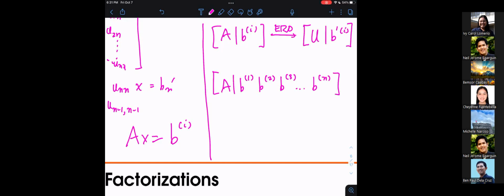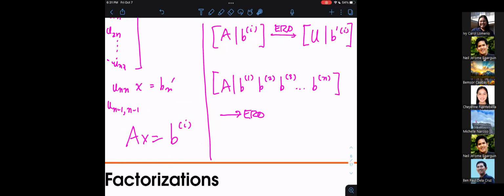Mas malaki na yung matrix na gagamitan ko ng ERO, pero in this particular case, kasi yung elementary row operations naman, lagi lang nakadepende dun sa entries ni A. So whatever I do here, pwede ko siyang gawin sabay-sabay doon sa mga right-hand side vectors B. Alright? And probably that will solve the problem na, okay, ito yung efficient way ng pagsosolve ng sandamukal na AX equals B, na iba-iba lang naman yung right-hand side.